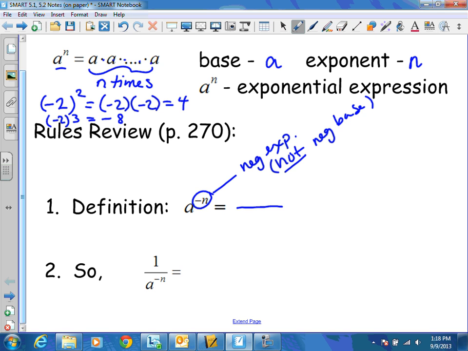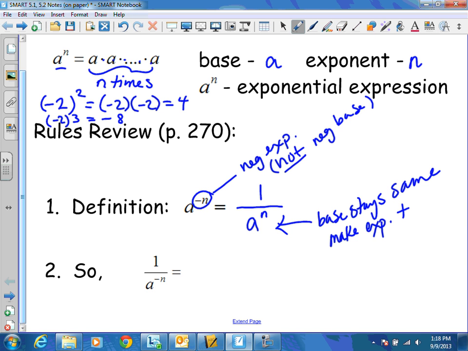Okay? So we're going to flip it. The base stays the same. And you're going to make the exponent what? Positive. And then by default, what's left in the numerator now? 1.